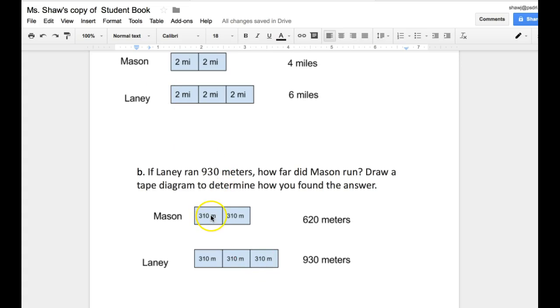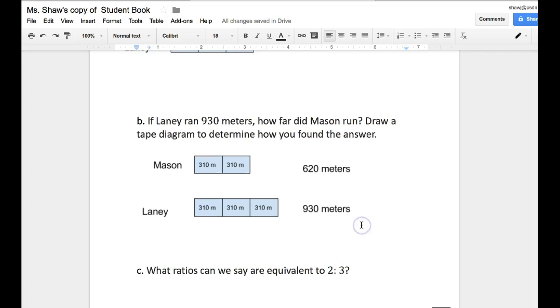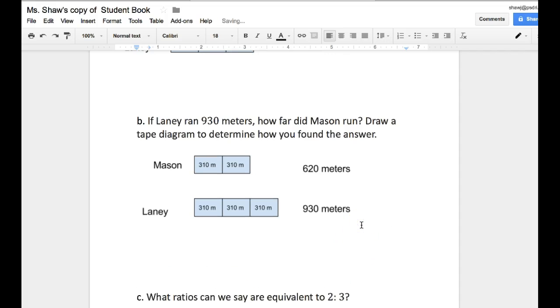Okay, hopefully you did 2 tape diagrams the way I did here. When I did it in the drawing, I put 3 of them here for Laney and 2 of them for Mason. Laney was 930 meters, so the way that I figured it out was I said 930 divided by 3, because there were 3 of them here.